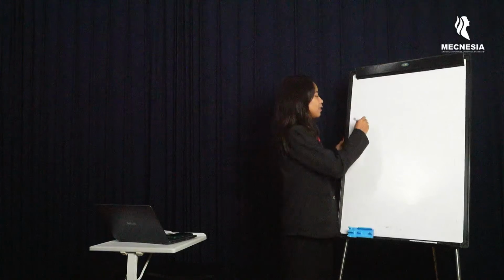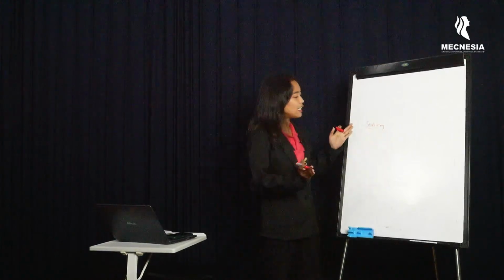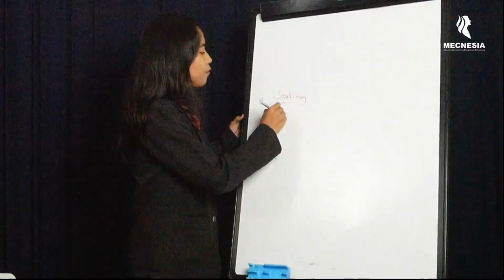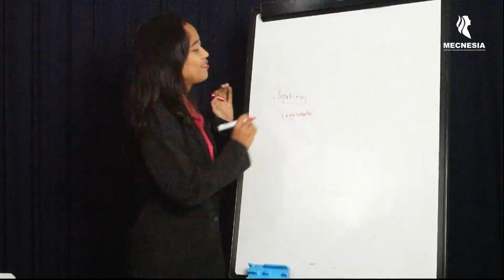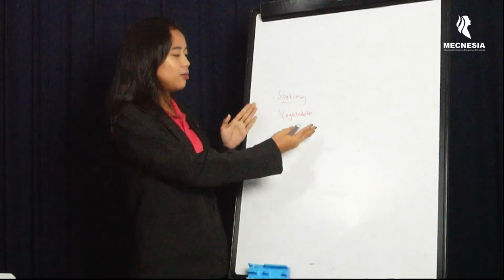And then we also learn how to spell. Okay, the spelling. Spelling is mengeja. Okay, kemarin kita udah mengeja vegetable. Okay, now let's practice it one more time. So, vegetable.